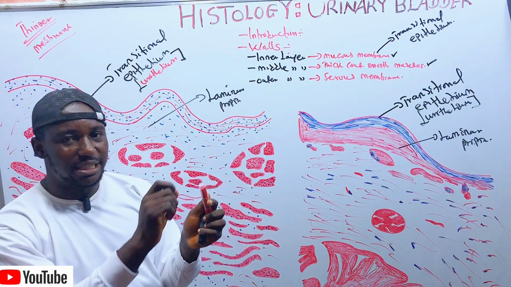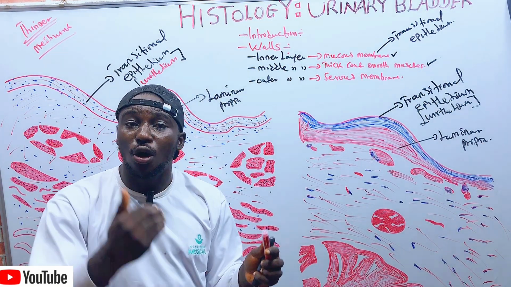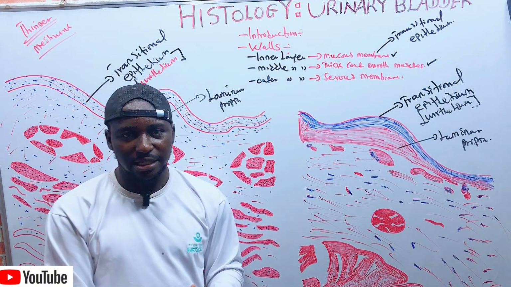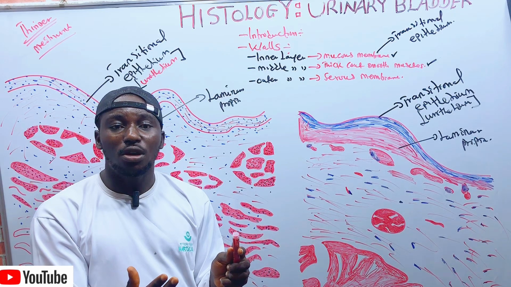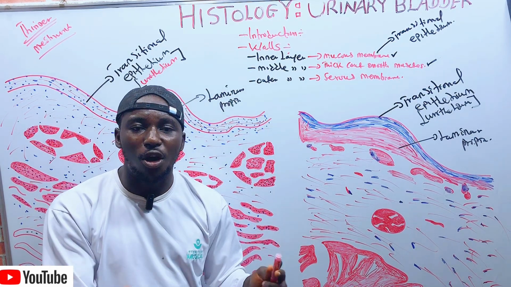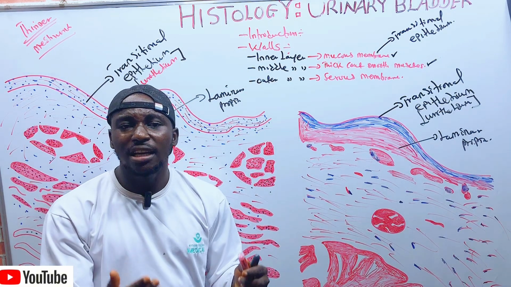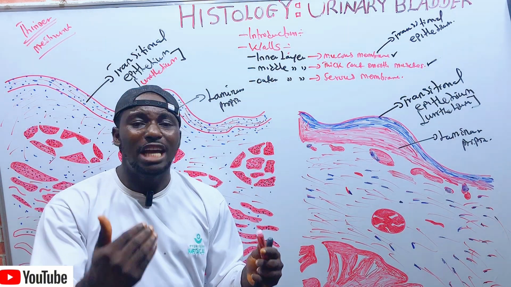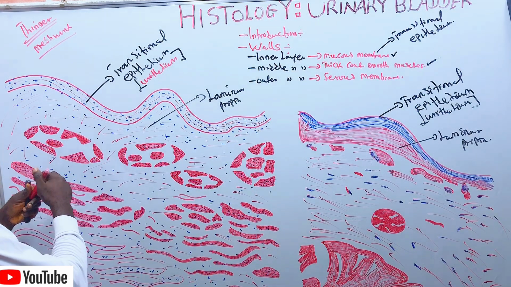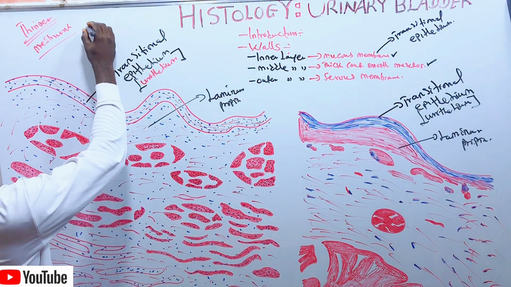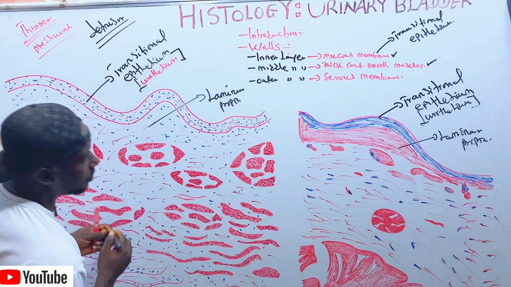It is the contraction of this smooth muscle that leads to the what? Emptying of the urinary bladder. Yes. And that is why the smooth muscle of the urinary bladder can be called the detrusor muscle. Detrusor muscles. Yeah. Now watch.